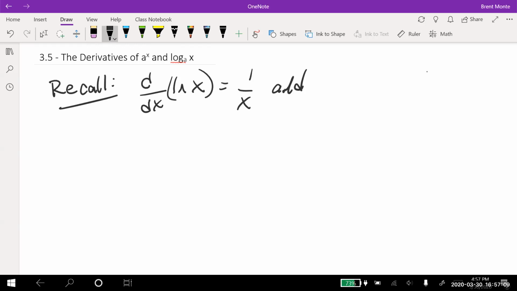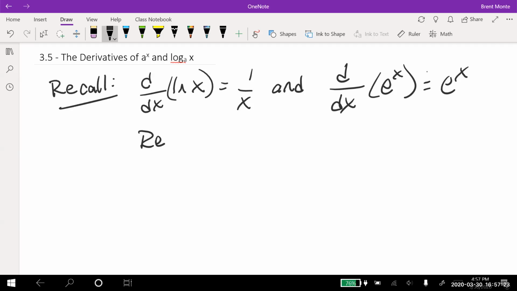And the derivative of e to the x was just e to the x. And of course, remember the chain rule, because we do have to remember that. Exclamation point. Make that important.